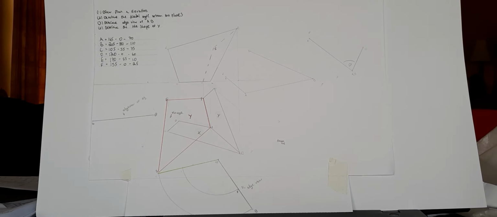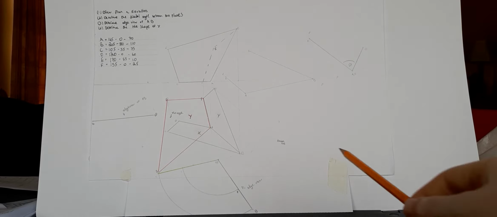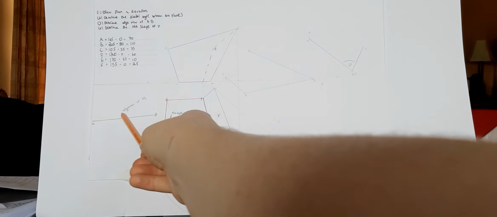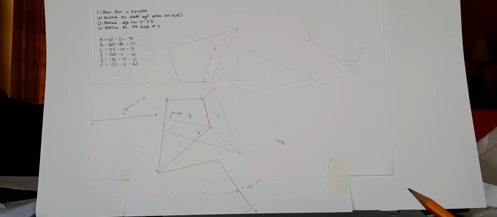So how am I going to do that for plane Y? First of all, find the edge view, which I have down here. That's similar to number 3, which was for AB. If you do the edge view of FA or AF, it doesn't matter.